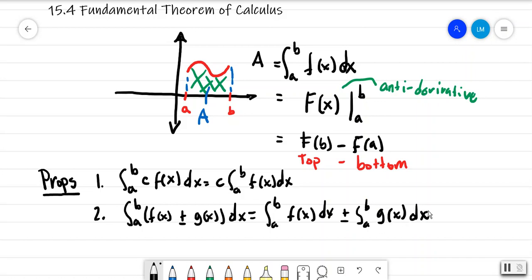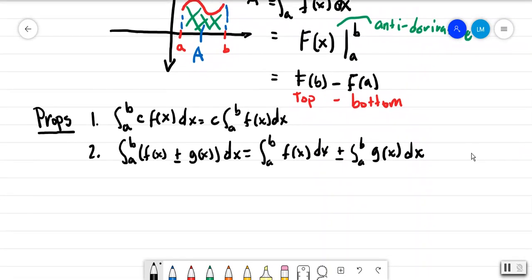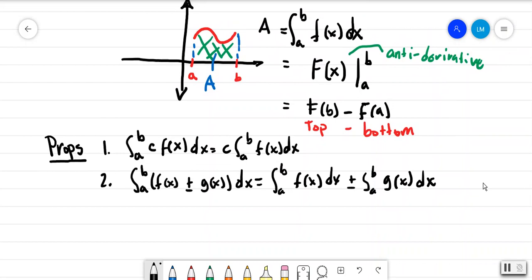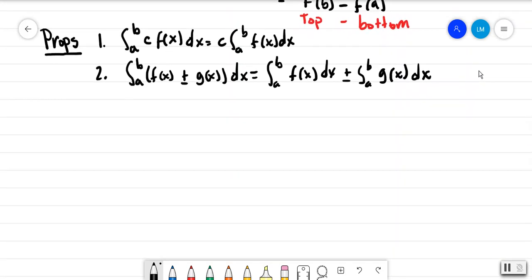Notice that you would still have to apply the fundamental theorem respectively to each of these functions in order to figure out the area for those. In a way, this helps us find the area beneath a polynomial, for instance.